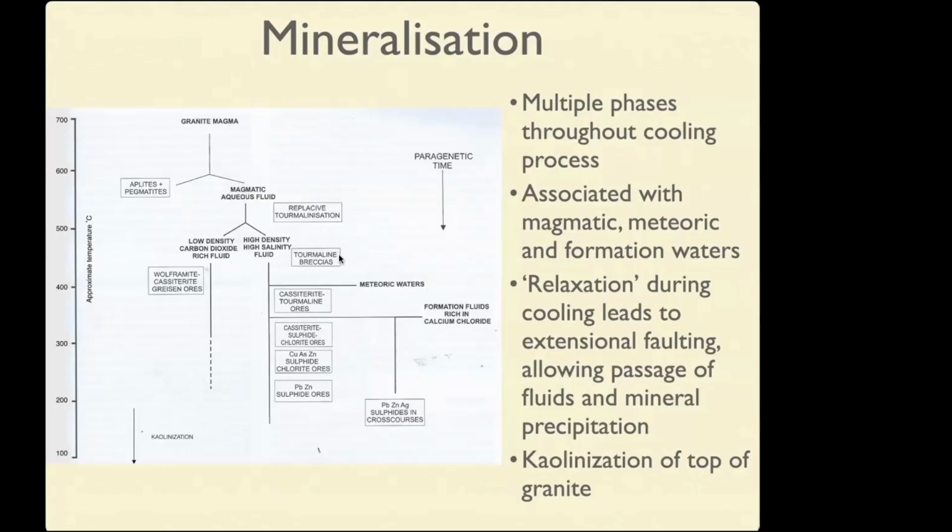You get breccias, you get cassiterite forming at these sorts of temperatures. And then as you come down, you get different things. So you get copper down here, and arsenic and zinc, and lead and zinc, and silver at relatively low temperatures. So different minerals forming at different temperatures. And so that sequence, when you go from tin to tin and copper, to copper and arsenic, to lead zinc, is essentially one of a temperature gradient.